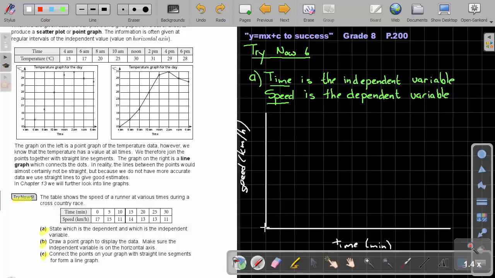If we start here with 10, then this one will be 11, this one 12, 13, 14, 15, 16, 17, and 18.